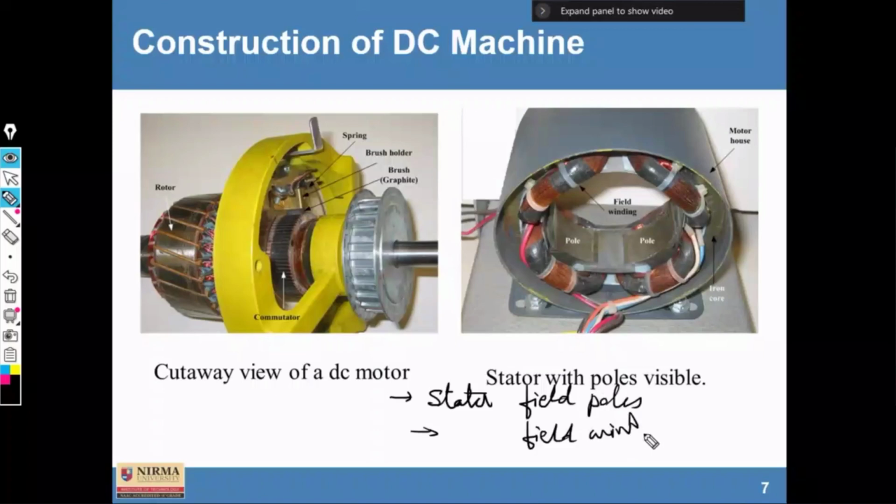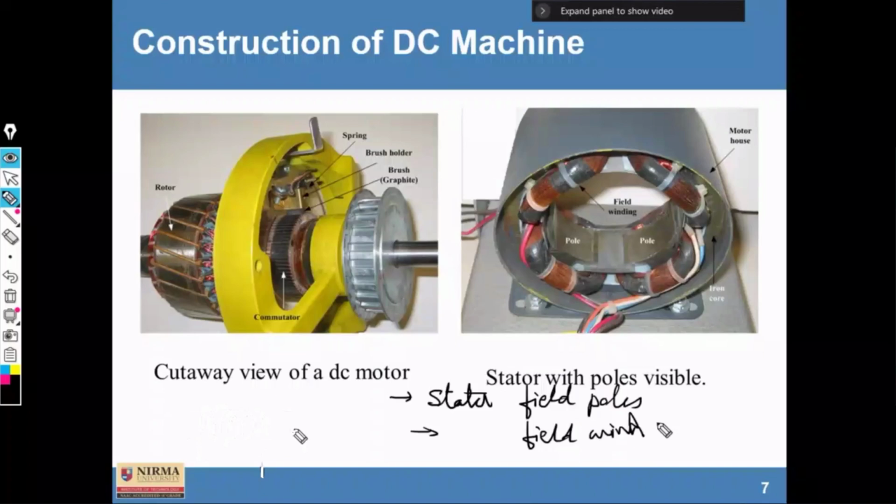So it is a kind of solenoid, made up of iron material where the winding is wound. Here a similar arrangement is done: field poles, field winding. You can see field winding is written here. Clear? Okay. Now we will discuss in detail about these field poles and field winding.